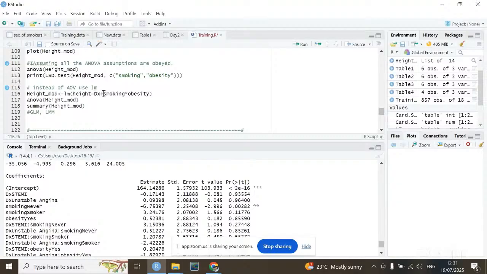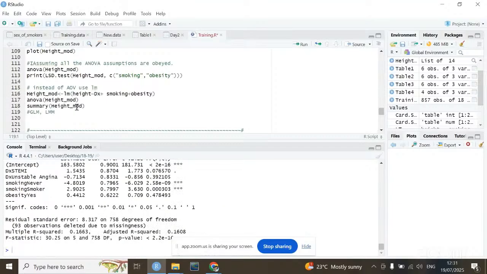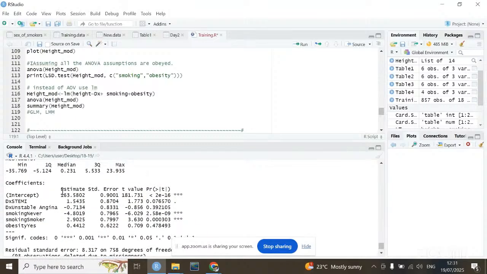So if we use the plus sign, since we have seen that there's no interaction, we can just use it, then we have it simplified like this. So the intercept is significantly different from 0. The STEMI, for a unit change in STEMI, the height increased by 1.54, but it is not significant.